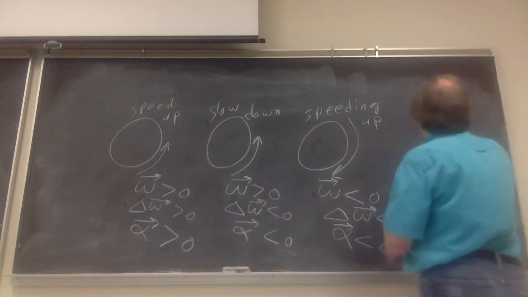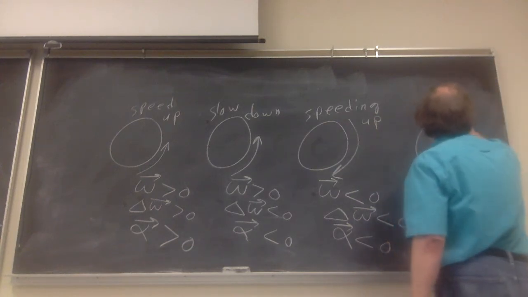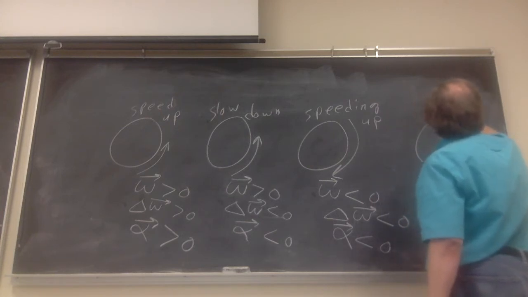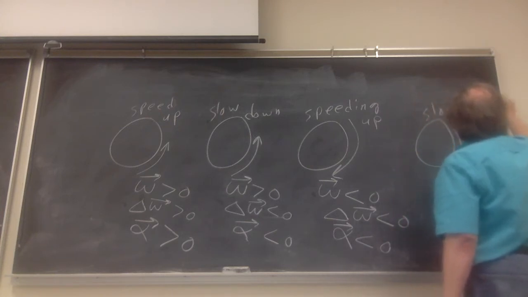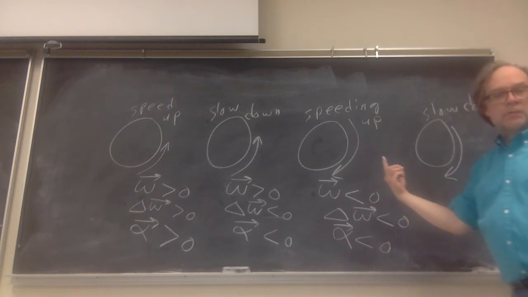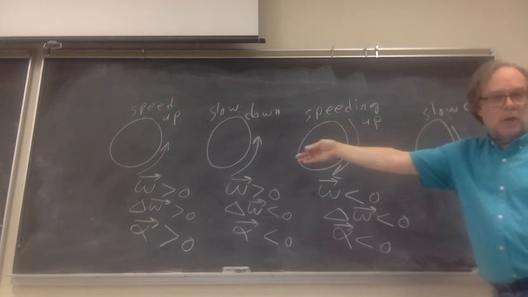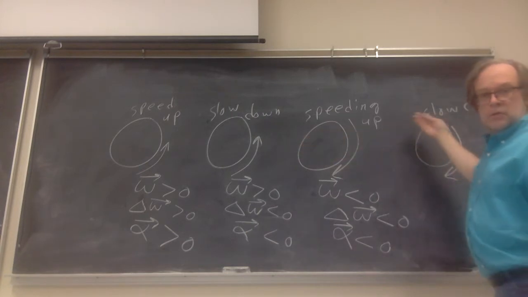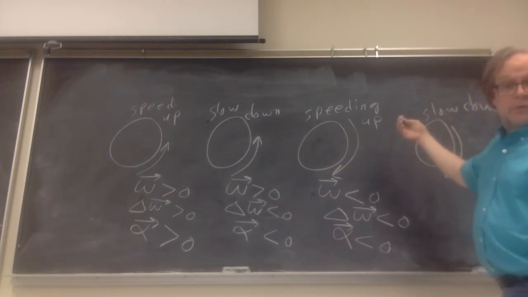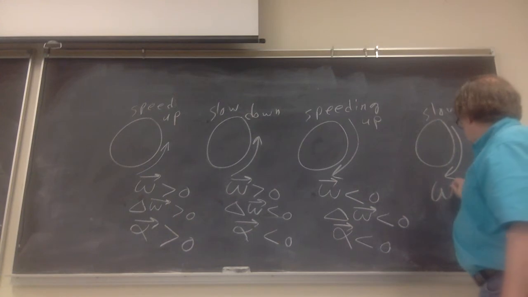And then the final case, clockwise rotation, but slowing down. Still clockwise rotation, we define counterclockwise as positive spin and positive velocity. So clockwise is negative spin or negative velocity.